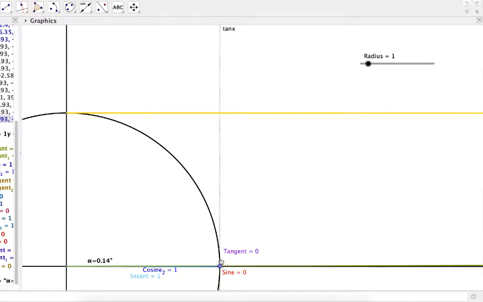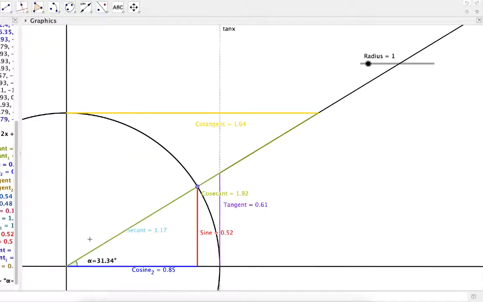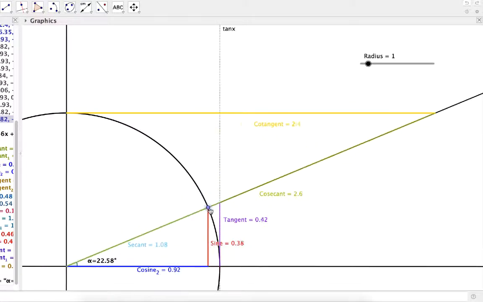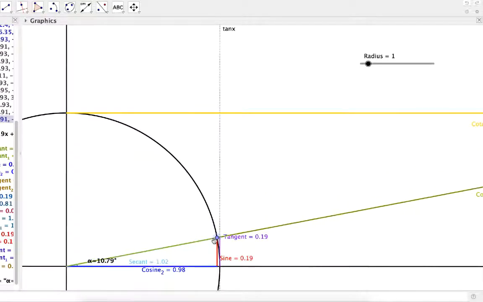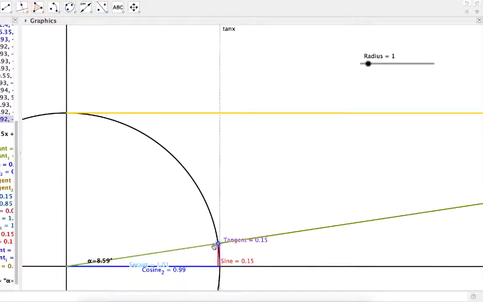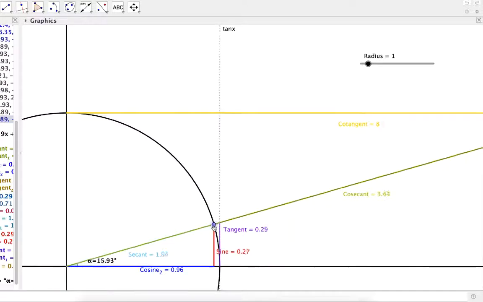And cosecant is the same thing, because cosecant and cotangent depend on one another. Cosecant is from the origin out to the point of intersection of the cotangent line with the ray caused by angle alpha. If that's the intersection, and we know that cotangent goes to infinity, then cosecant will also go to infinity, and therefore the answers will be undefined.